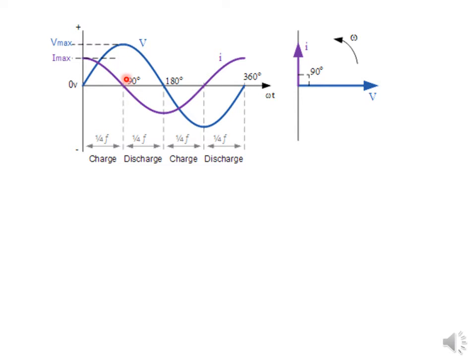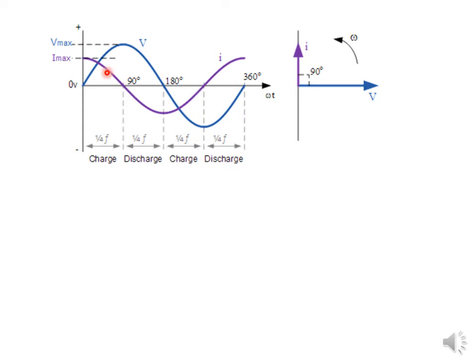The capacitor then starts to discharge again, so it is charged and discharged through a half cycle. In the second half cycle, the capacitor will be charged and discharged, but in the opposite direction.